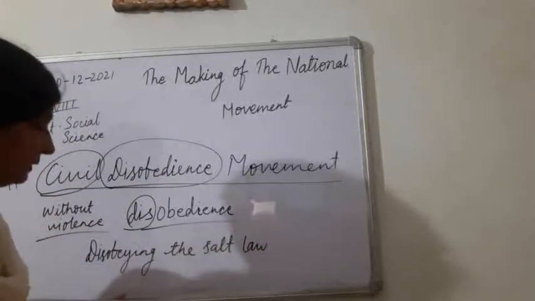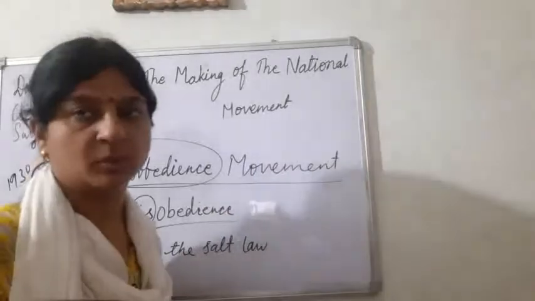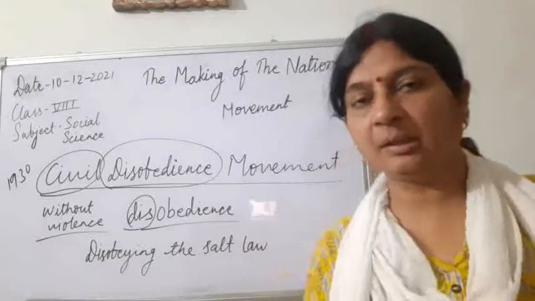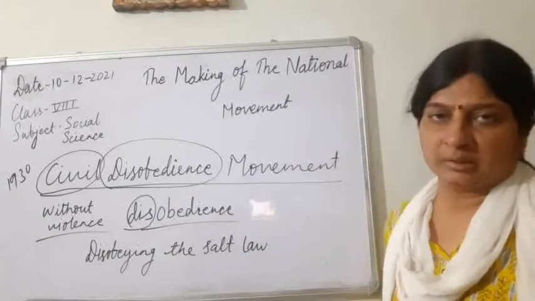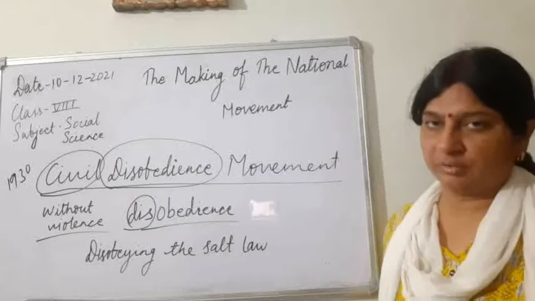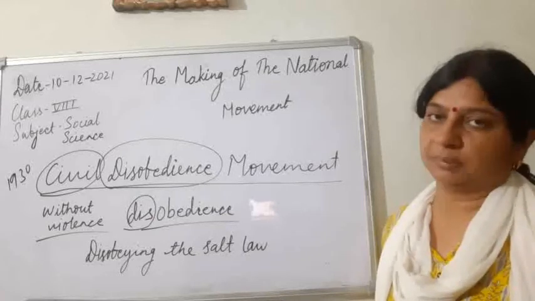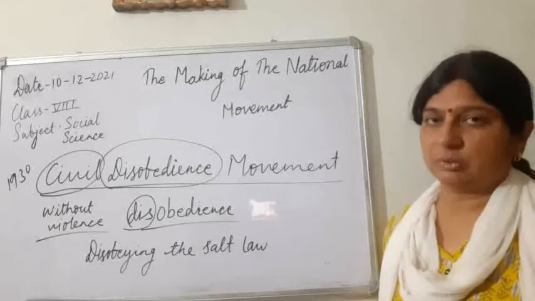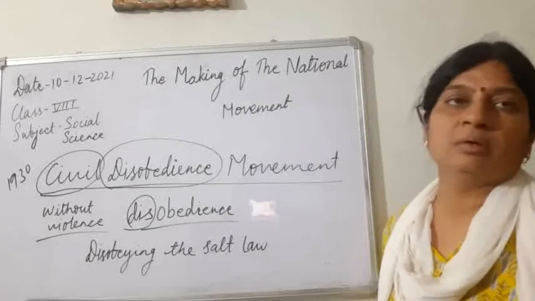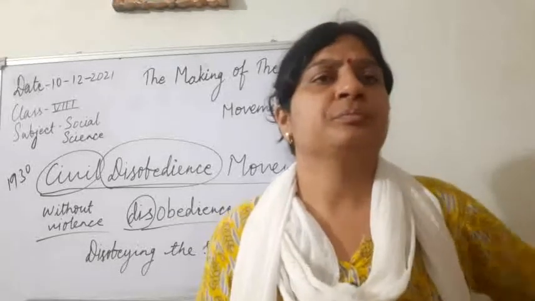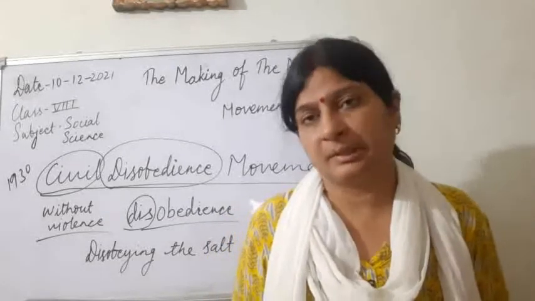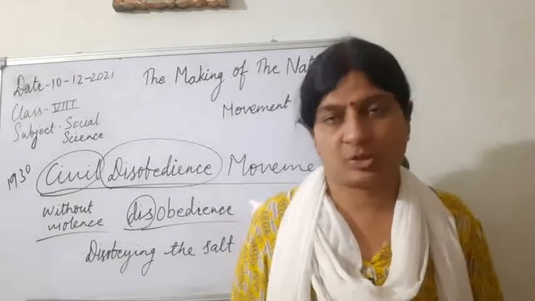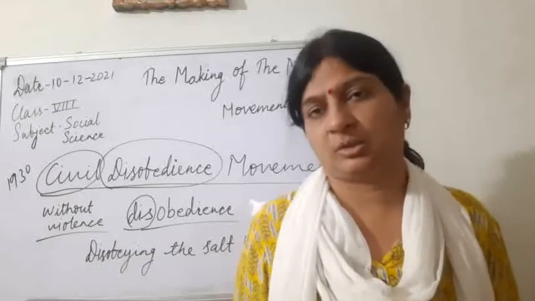It was started with disobeying the salt law. It was Gandhi who decided that the salt law would be chosen first to defy the government. If we want to show our disobedience, it will be shown by disobeying the salt law. Now we see that Gandhiji in 1930 declared that he would lead a march to break the salt law.